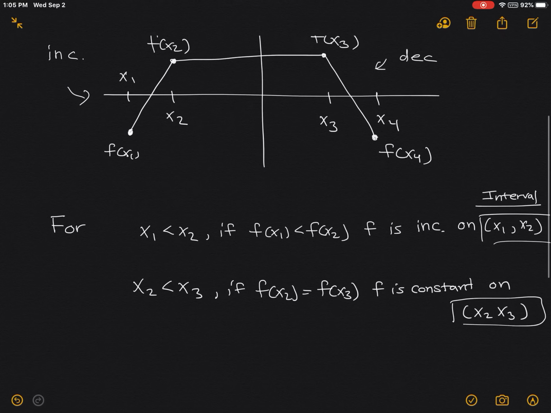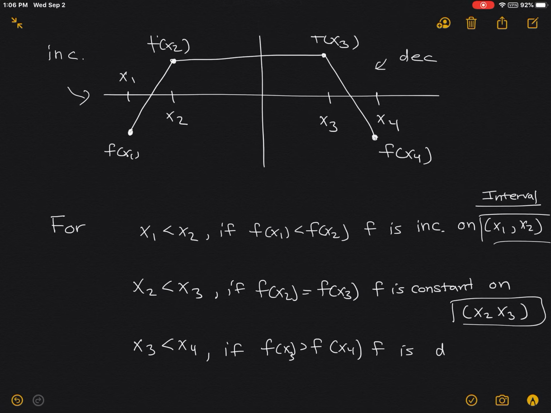Moving right along on our graph, for x4 bigger than x3, x3 less than x4, if f of x3 is greater than the y value of f of x4, you say f is decreasing on the interval x3 comma x4.